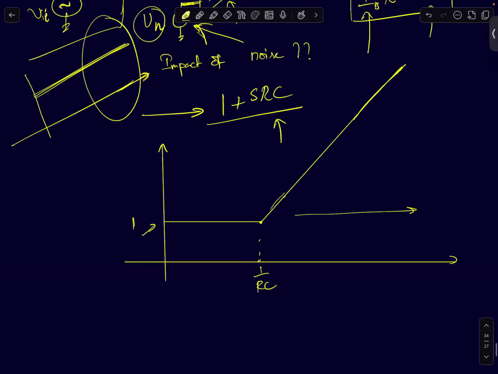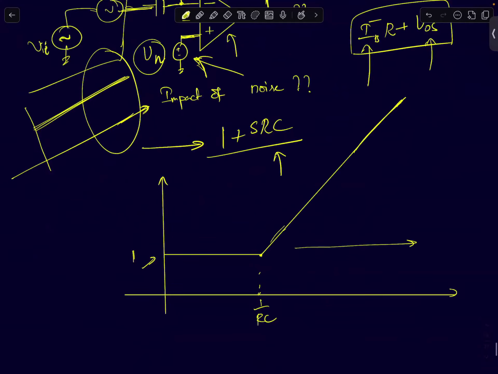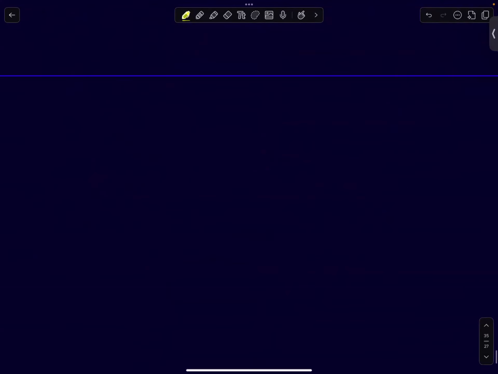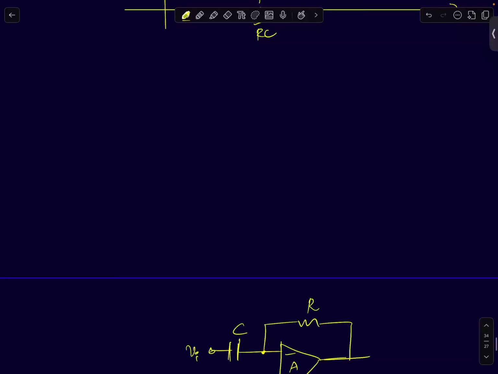So we'll analyze the performance of a differentiator in the presence of finite DC gain, and see if we can fix this problem of noise at high frequencies. At high frequencies, what was the gain of the circuit?